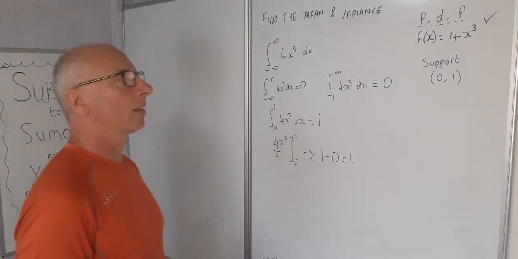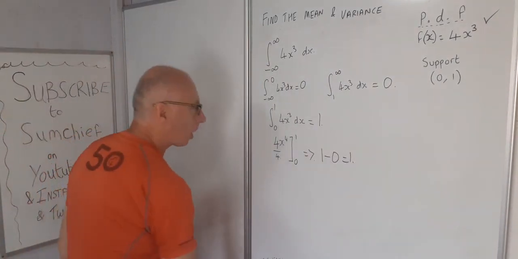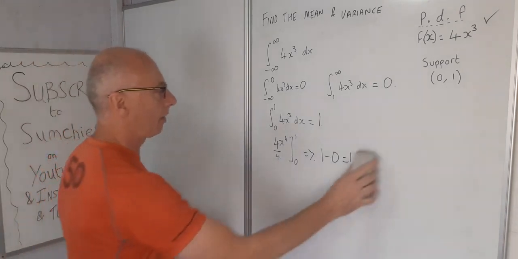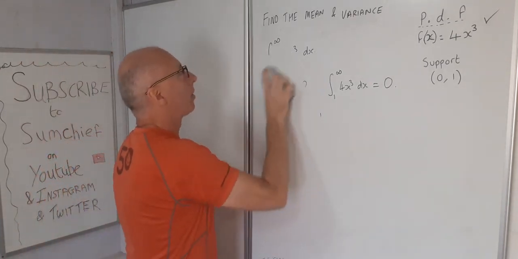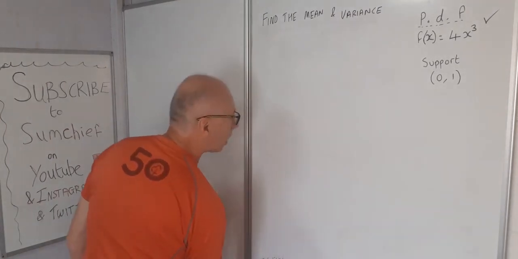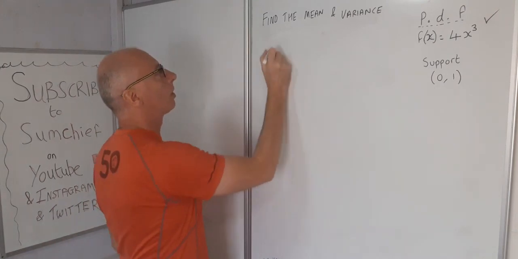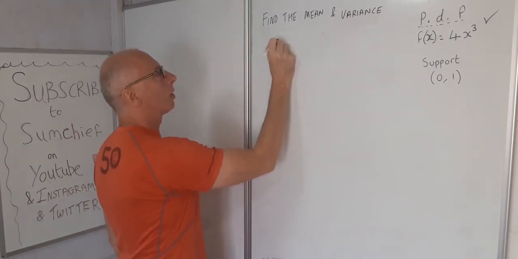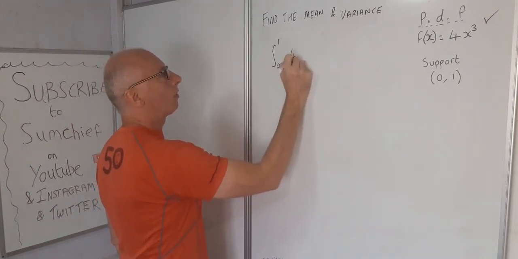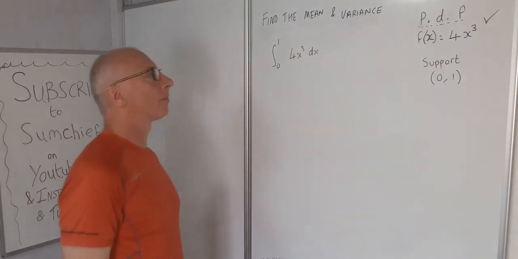So that's that checked. So now we can go on and we can try and calculate the mean, because now we're confident that it's a valid PDF. So let's go on to do that. So, sticking within the range of the support of this function, so from 0 to 1, we have 4x cubed dx.